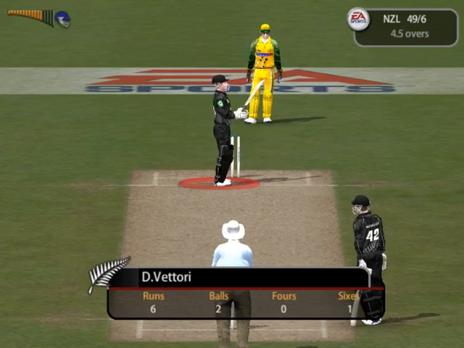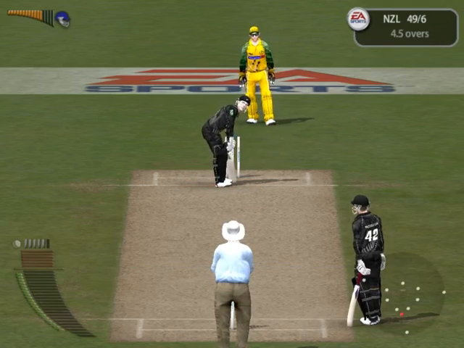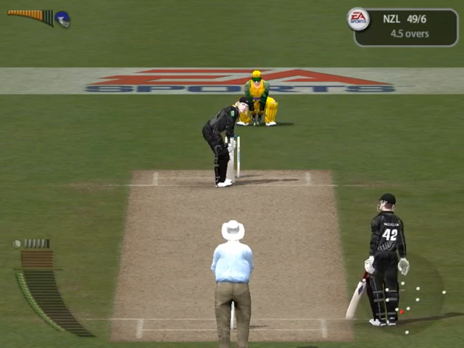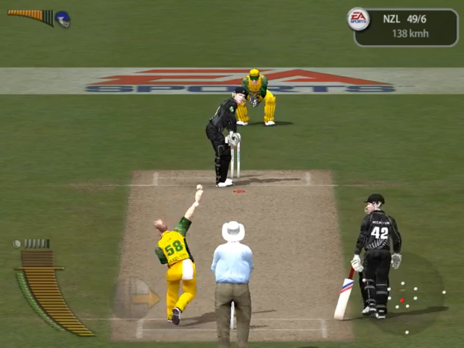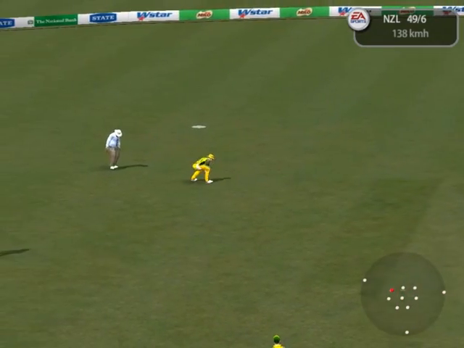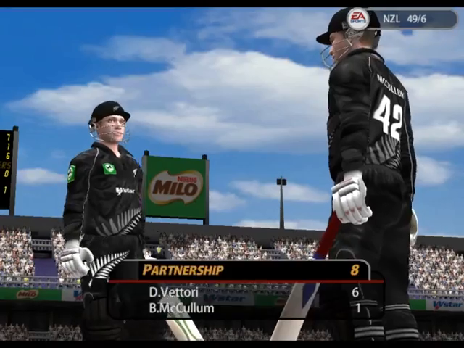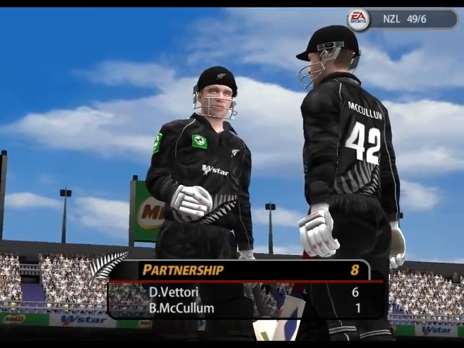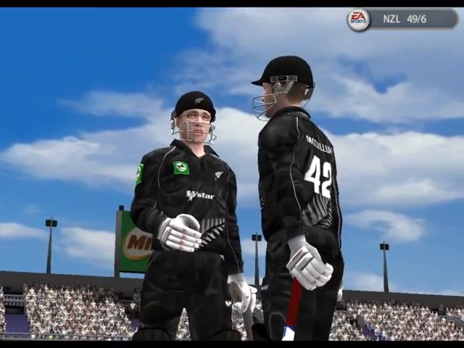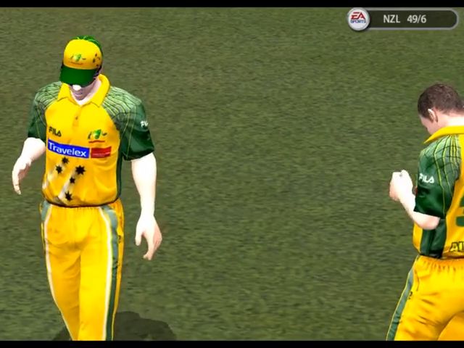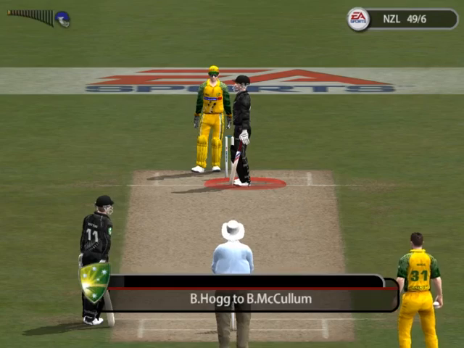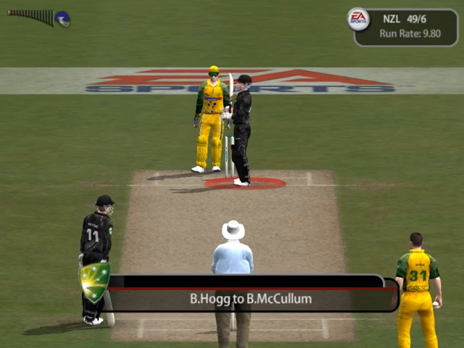Lee to Vettori. It's straight at McGrath. That's the end of the 5th over. The required run rate is around 1 and over. McCullum to face an over of spin.